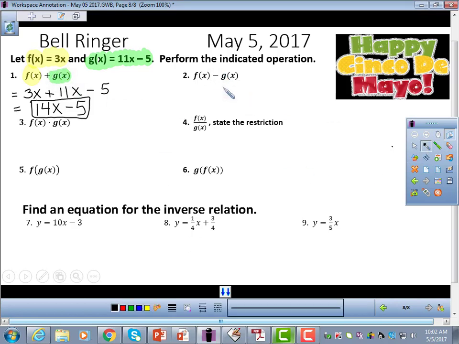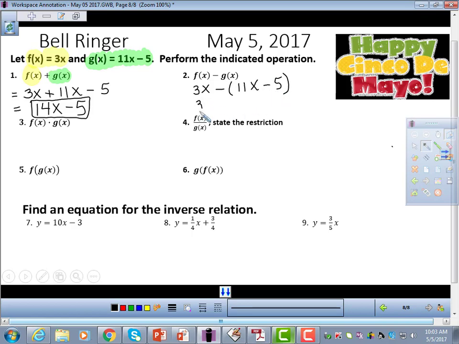When you are subtracting, make sure that you know you're subtracting a binomial. So you're going to have to distribute that subtraction sign to both of these terms. So for your f of x, we have 3x, and we're subtracting 11x minus 5. That's where you distribute.